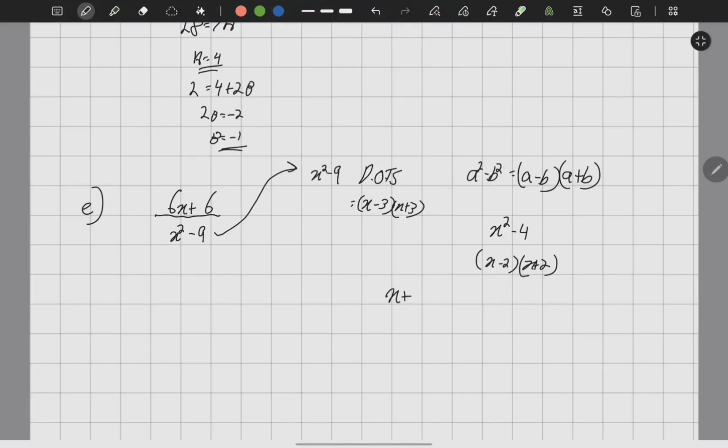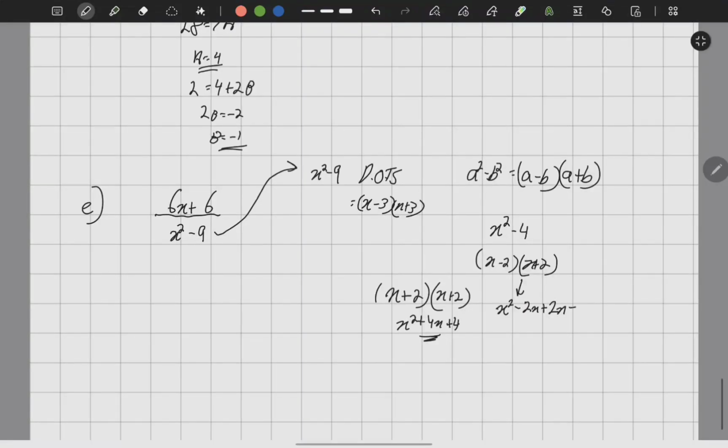When you normally expand two brackets, you get x squared plus 4x plus 4. So you have this middle term, but in a difference of two squares, this middle term will always cancel out due to the two numbers in the brackets being the same but negated. So x squared minus 2x plus 2x minus 4.